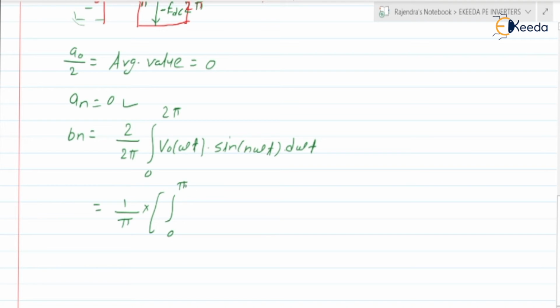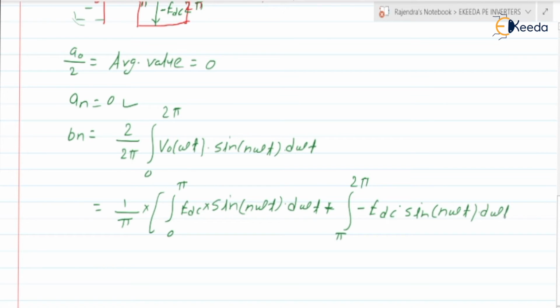During 0 to pi, V0 is Edc, so Edc into sin of n omega t d omega t, plus integration from pi to 2 pi. During this interval V0 is minus Edc, so minus Edc into sin of n omega t d omega t. This is bn.